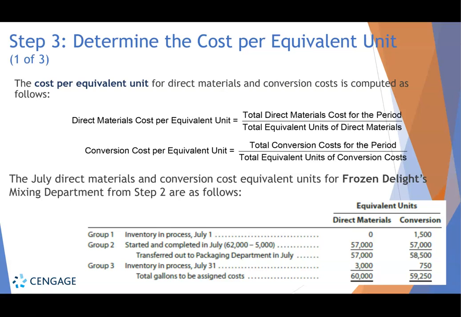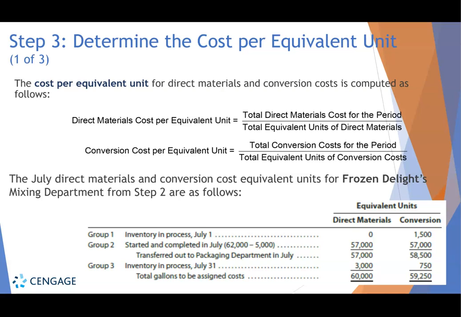Then for Group 3, we show the inventory for direct materials. But for conversion costs, because that was just a percent completed, 25% completed, we've got 750. So total gallons to be assigned cost, 750 gallons, I'm sorry.